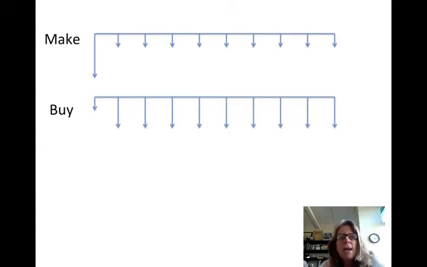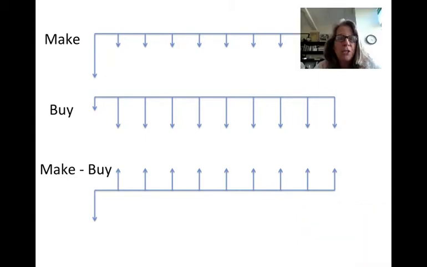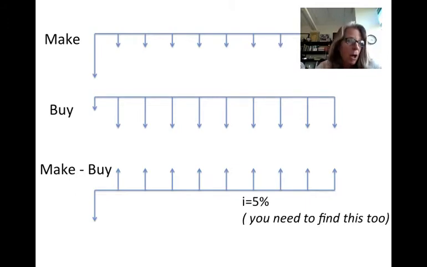Now you can look at these alternatives and calculate the net present value of each alternative. You want to look for the one that is lowest cost. Or you can take the difference between make and buy and do a cash flow diagram of the difference, showing what's going to be different between the two. In all cases, you'll need to determine what interest rate you're going to use.